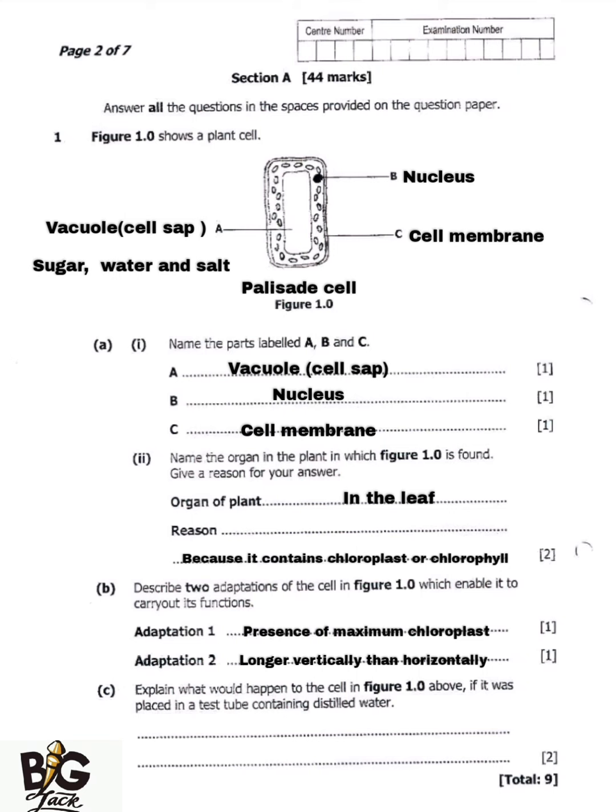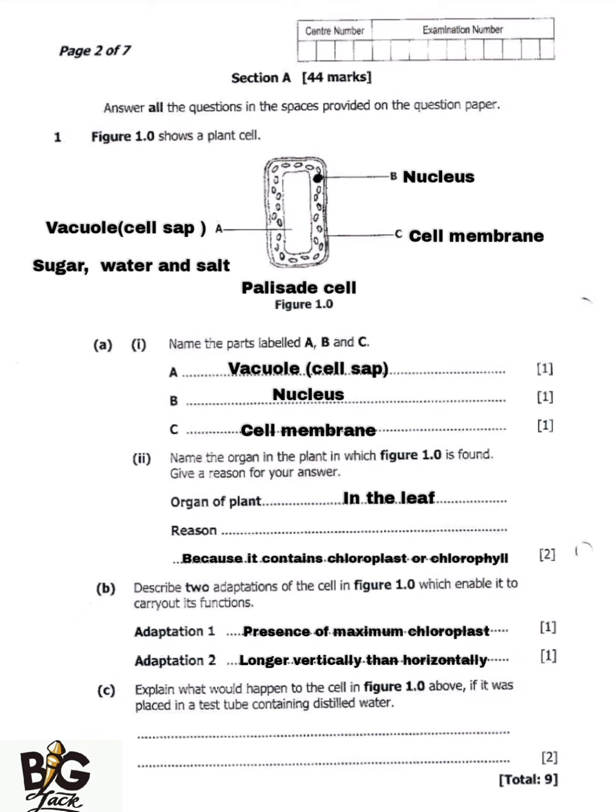Then question C is saying, explain what would happen to the cell in figure 1.0 above if it was placed in a test tube containing distilled water. So here we are having distilled water. The other name for distilled water is pure water. As for pure water, it doesn't contain any impurity or any solute.